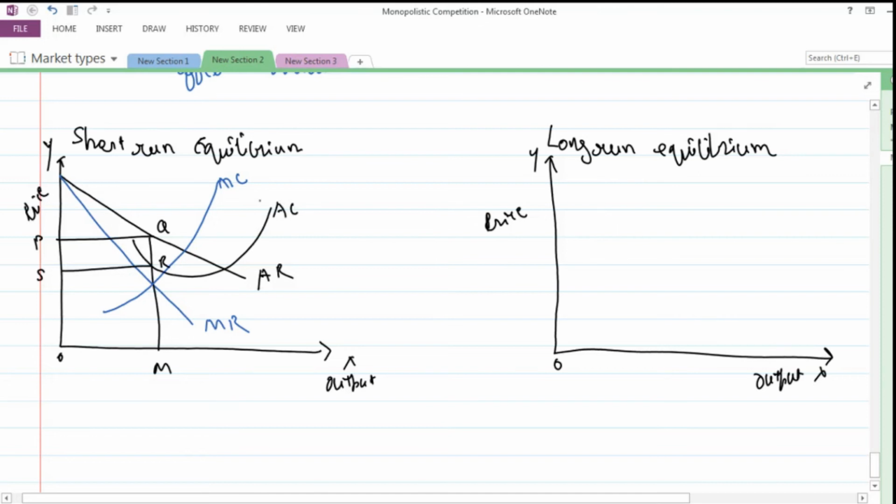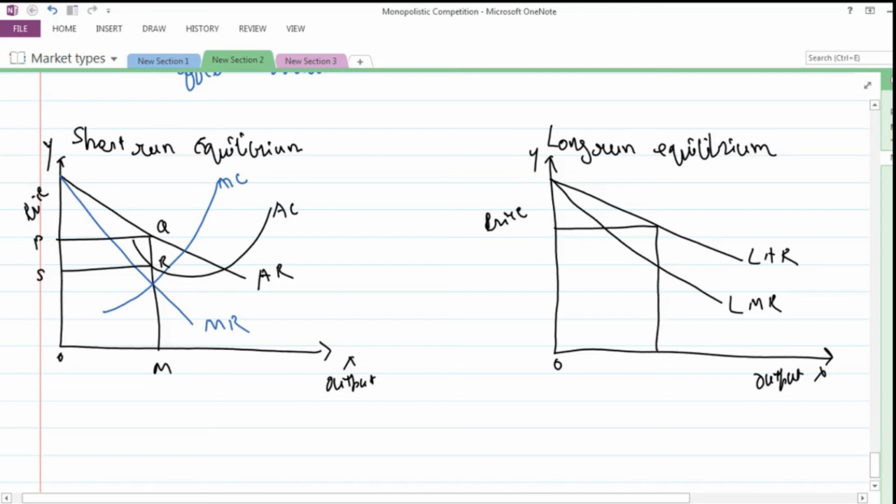In this manner, this is the short run equilibrium, and similarly on the other side we have the long run equilibrium. This is the long run average revenue. Then we have the long run marginal revenue. After that, let's assume that the price is determined here.